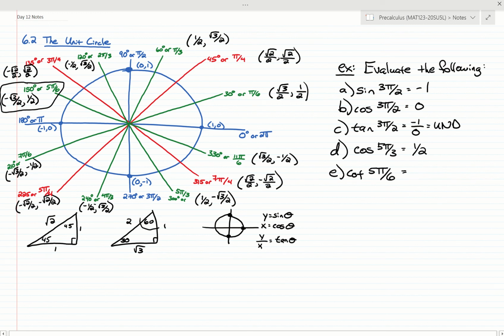So this one could get a little tricky. Tangent, remember, is the y over the x value. So we would have 1/2 divided by -√3/2. That would be the tangent. Cotangent would be the x value divided by the y value.